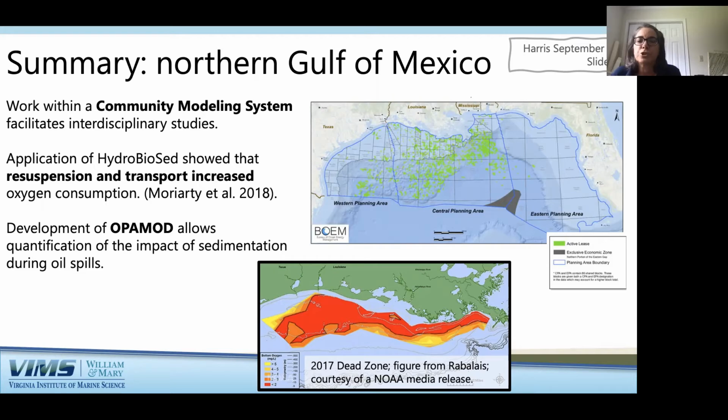Sediment transport and physical oceanography, try to think of such as water quality and hypoxia. And also there's, in this figure, all of the green areas are active lease areas. So the ability to better predict the fate of oil contaminants in the Gulf of Mexico is still a really timely thing. And we're interested in trying to continue our efforts to kind of holistically account for the fate of oil.